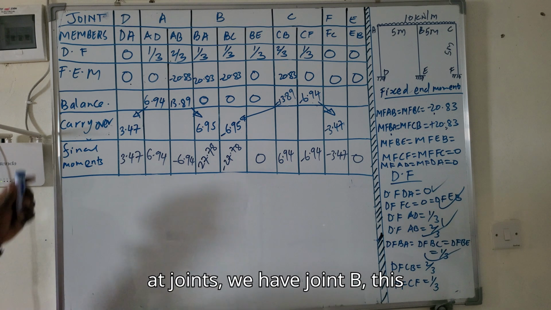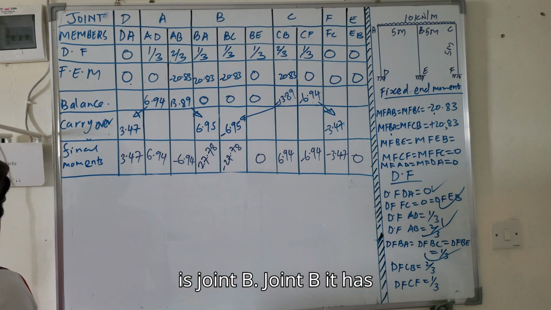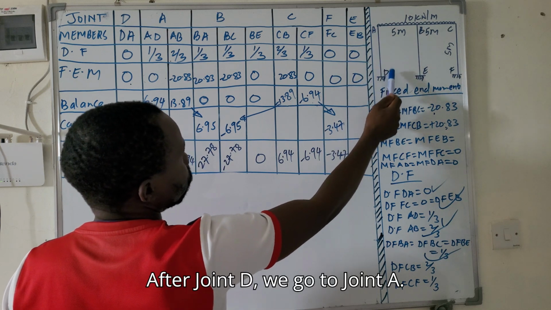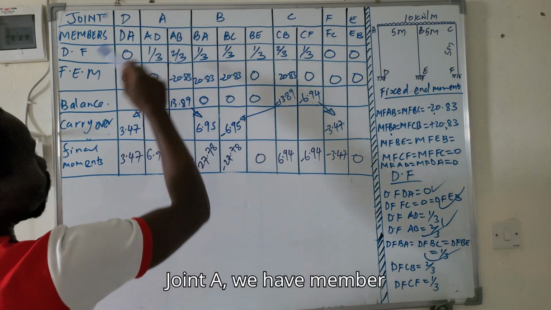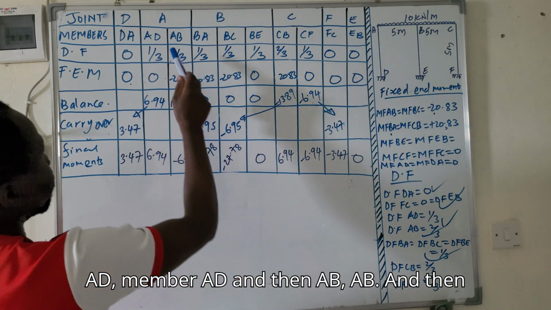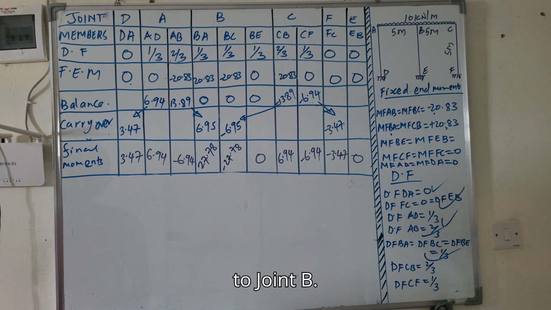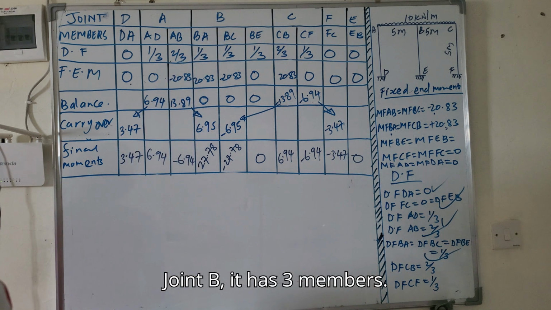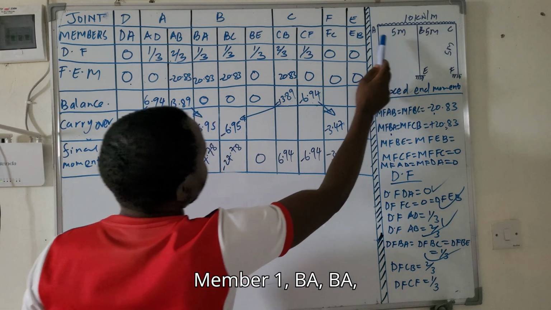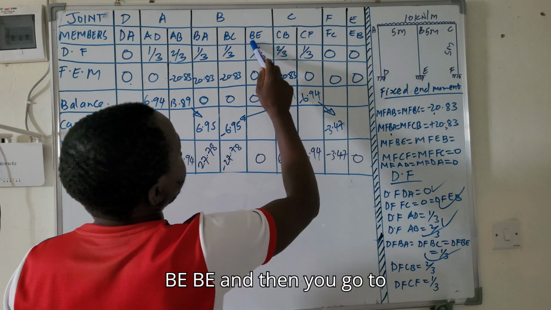At joints, we have joint D. Joint D has member DA. After joint D, we go to joint A. Joint A has member AD and then AB. Then we go to joint B. Joint B has three members: BA, then BC, and then BE.